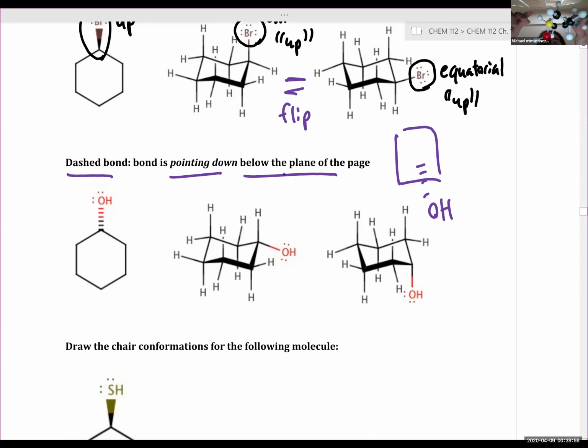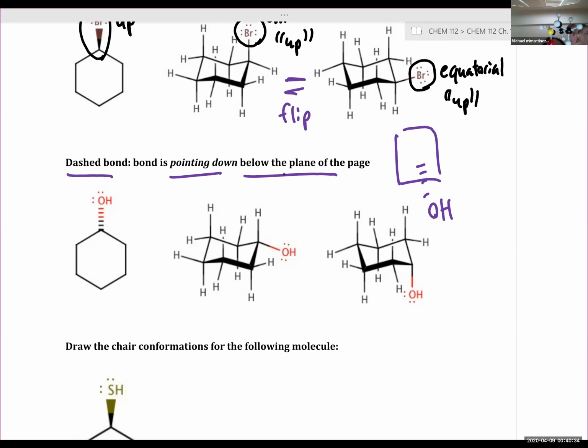So from this side-on perspective, is the OH pointing up on top, or is it on the bottom of our ring? Is our OH pointing up or down? Yep. So then, what notation would we note this OH as? With a wedge or with a dash? If it's pointing down. Yep, exactly right. If it's pointing down below the plane of the page, it gets a dash notation.